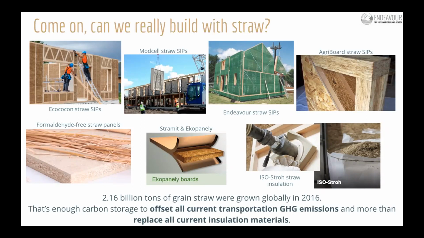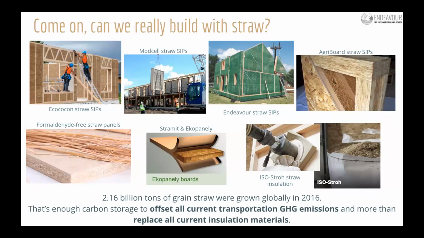Agriboard is, I don't think, any longer in business, but some version of Agriboard has been kicking around in the US for over 20 years. It's a straw-based SIP panel, so compressed wheat straw between OSB. There are all kinds of formaldehyde-free straw panels. Most of that is happening in Asia. There's not a whole lot of uptake here, but they are quite viable.